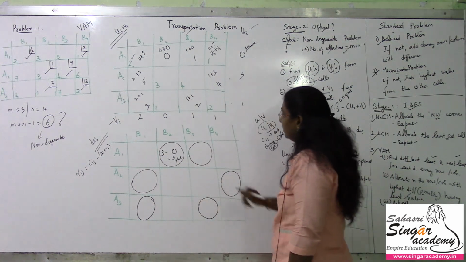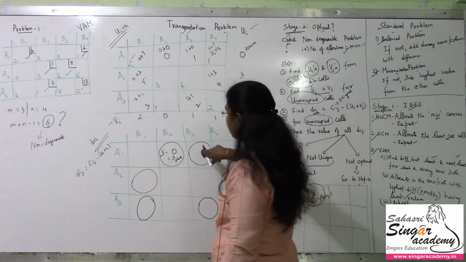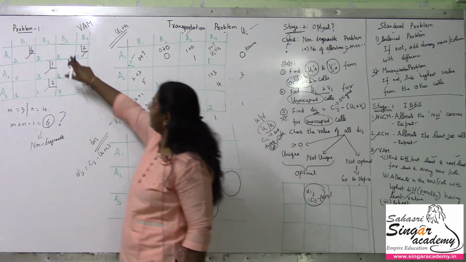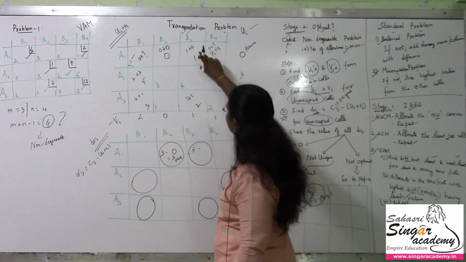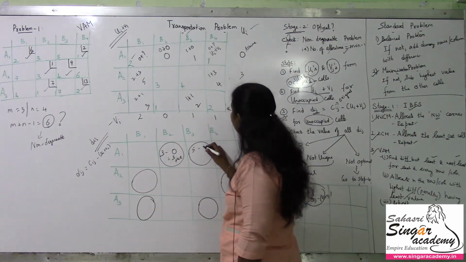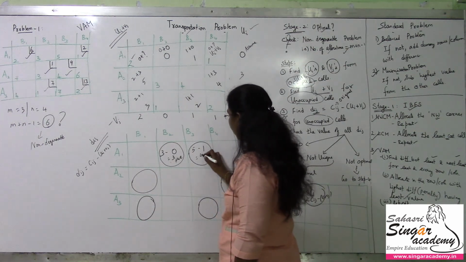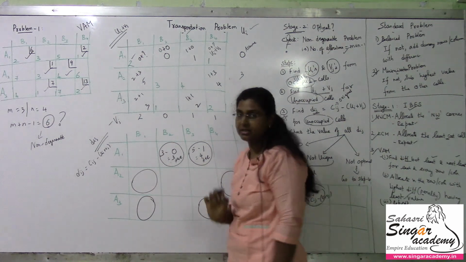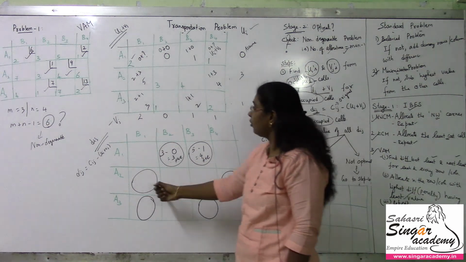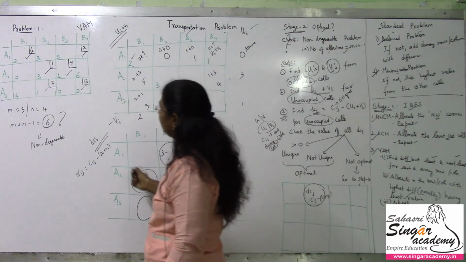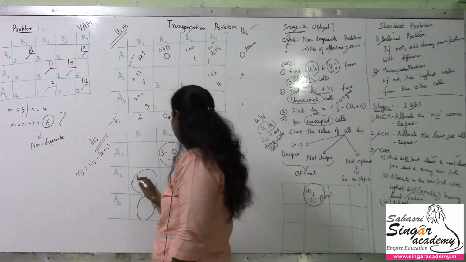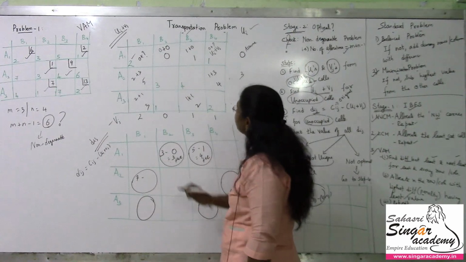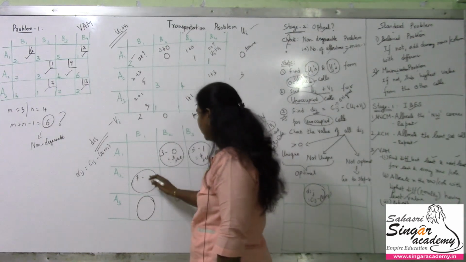If we go here for the next cell, this is an unoccupied cell. 5 is the original cost. Cij is 5 minus ui plus vj, which is 1. So the value is 4. Again, this is positive. No issues till now. Next unoccupied cell in the second row, original cost is 7, yes, 7 minus the value which I found out in the earlier table for ui plus vj is 5.